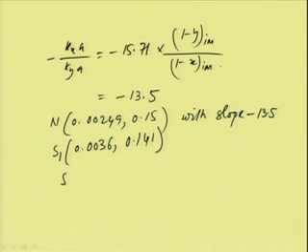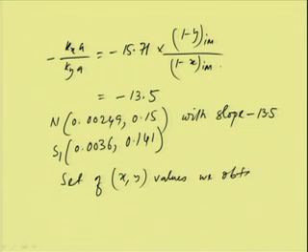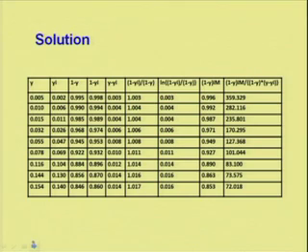Now, for a set of x, y values, we obtain a set of x_I, y_I. This is shown in this table. We have different y values and y_I values, and we have calculated the difference, and then we have calculated the integral term.